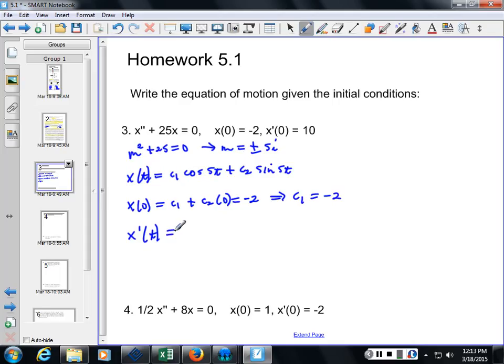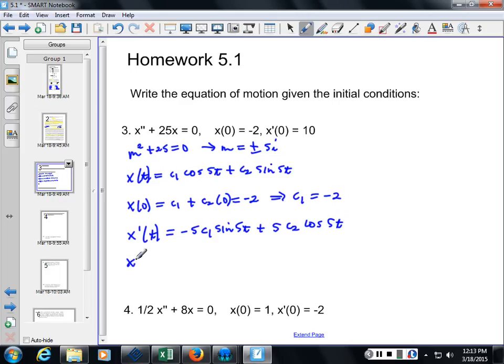So that gives us negative 5 c sub 1 times sine of 5t plus 5 c sub 2 times cosine 5t. Now we let t equal to 0 and set that equation equal to 10.